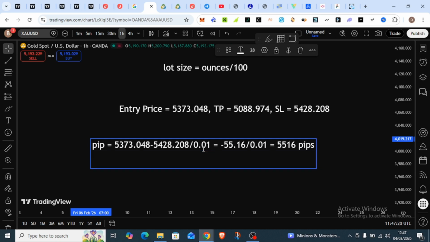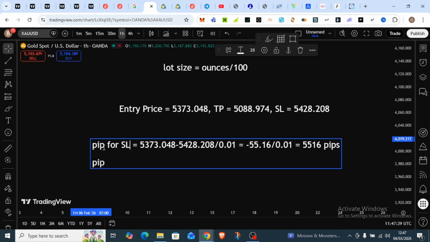Then let's also calculate the pip movement from entry to take profit. This one is pip for SL. Let's indicate it. Then this one is pip for TP. So let's state everything clearly.